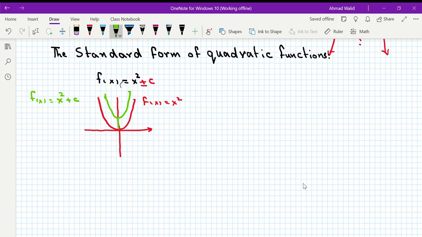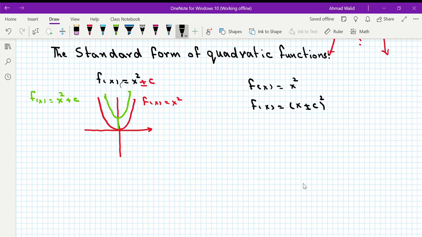You shift your graph c units up, or in the same way, you can shift c units down. Correct? Also, we discussed if I have f of x equals x plus c or minus c, squared, the graph shifts to the right or to the left. Correct?